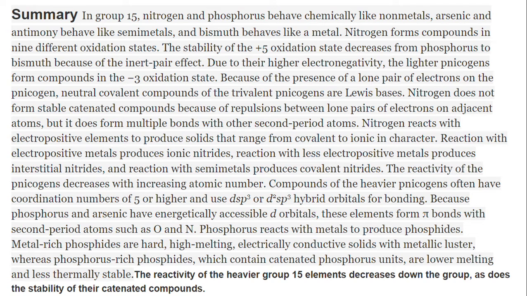The most important highlight of the summary is that the reactivity of the heavier group 15 elements, which is also group 5A, decreases down the group, as does the stability of their catenated compounds.